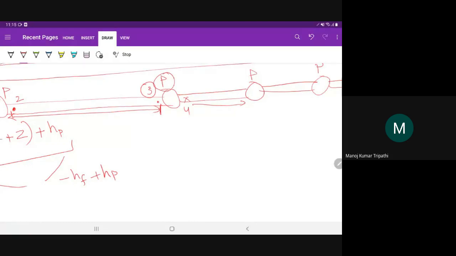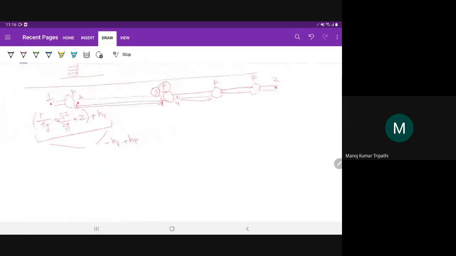So is this clear? How a pump adds head to the fluid, it adds some energy to the fluid, and then how the losses take place in the pipe and how both of them counteract. Is there any question in this part?